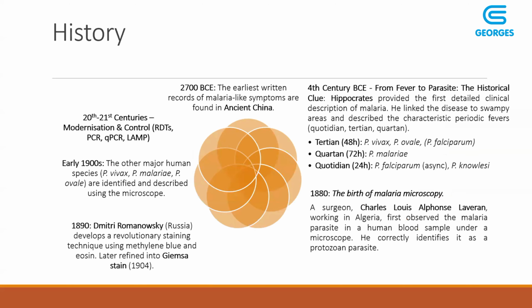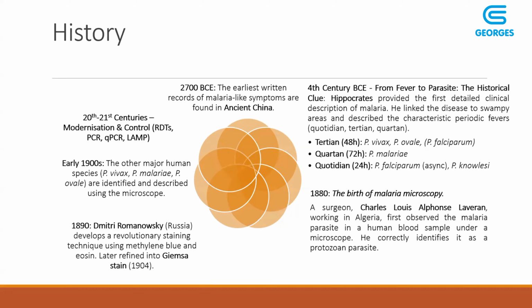So we will look at a brief history of malaria. Malaria dates back to 2700 BCE, where we had early written symptoms like fever and chills, which were recorded in ancient China.